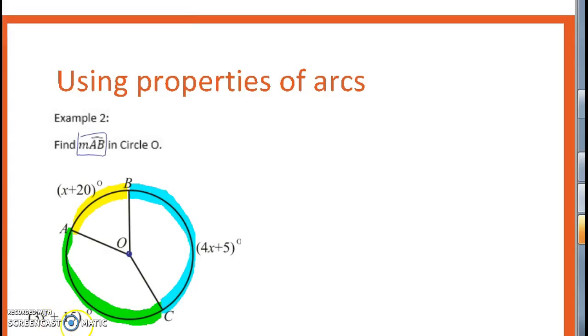So all I need to do is take each of these expressions, add them all up, and set them equal to 360. So I have 3x plus 15 plus x plus 20 plus 4x plus 5. And all of that has to equal 360 degrees because there are 360 degrees in a full circle.